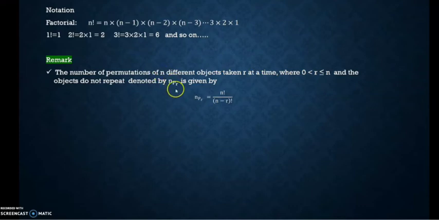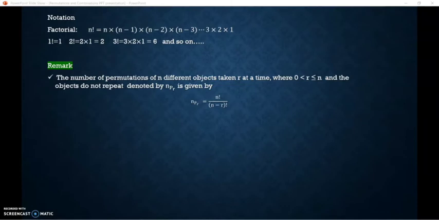This is a notation. The permutation of n different things taken r at a time is given by n factorial upon n minus r factorial. This is when repetition is not allowed.